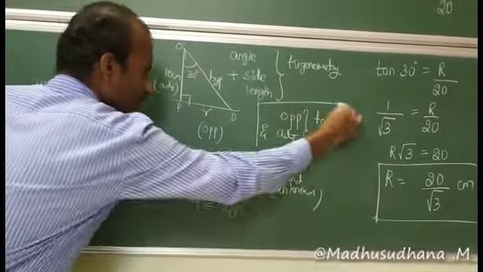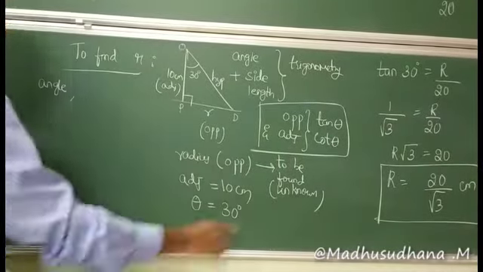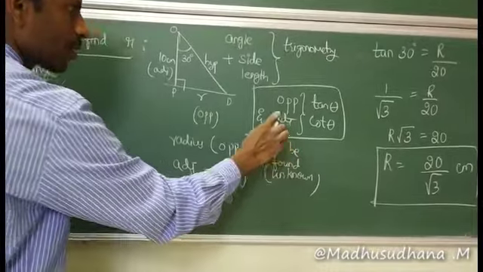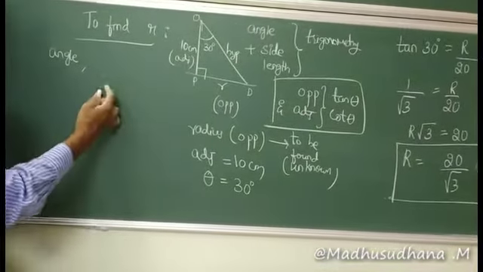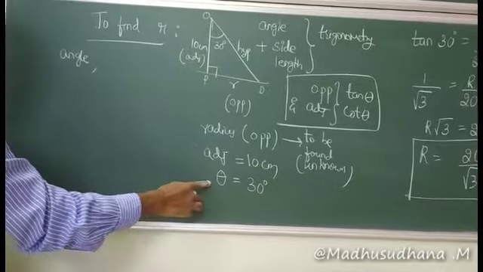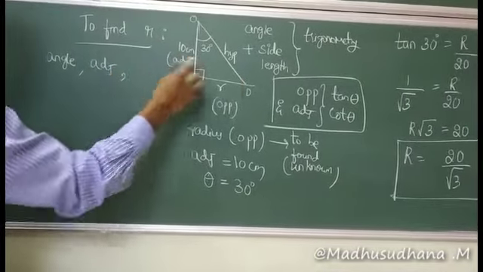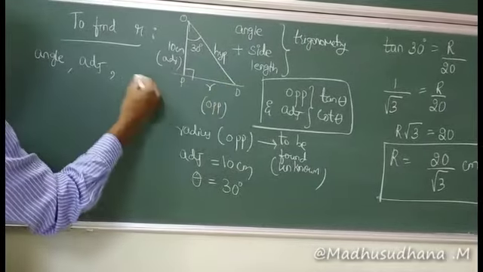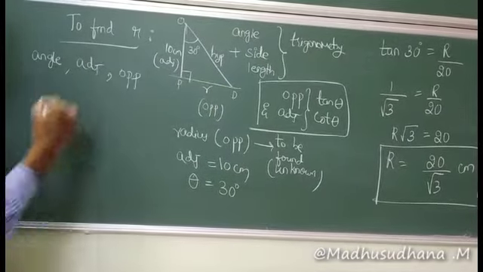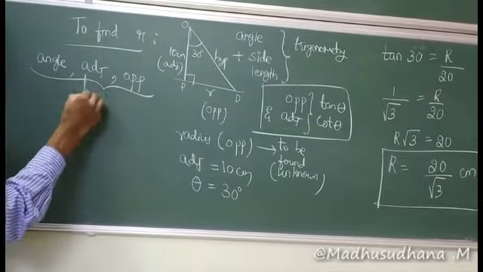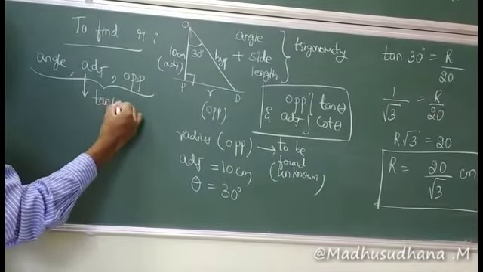Tan and cot are connected with opposite and adjacent. So here, angle is given, adjacent side is given, and the radius is the opposite side, and these are connected with tan theta.